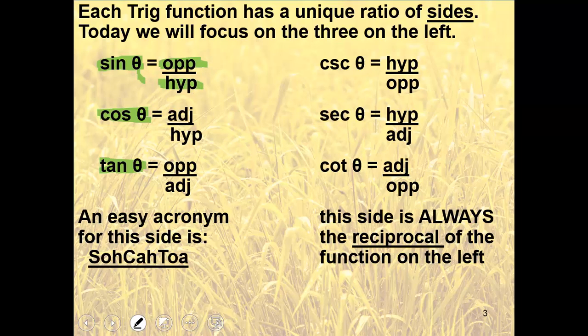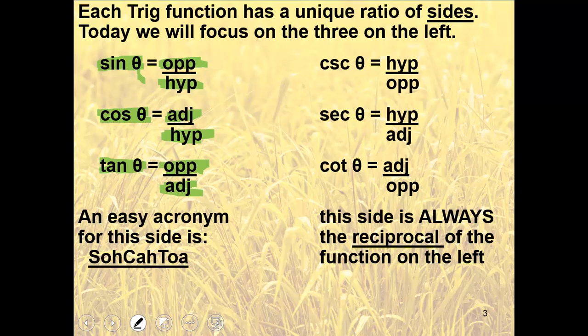Remember, the hypotenuse is the same regardless of which angle you're looking at. The cosine of that same angle is the side adjacent to it divided by the hypotenuse. And the tangent is the side opposite over the side adjacent.